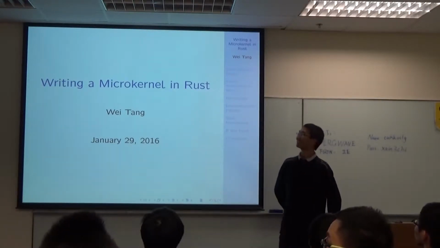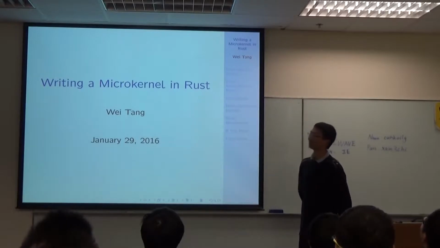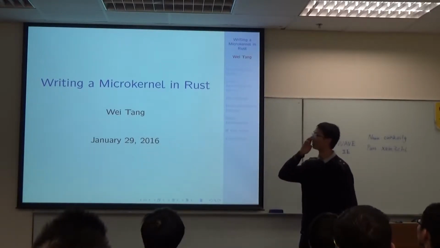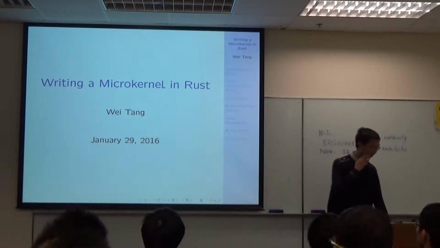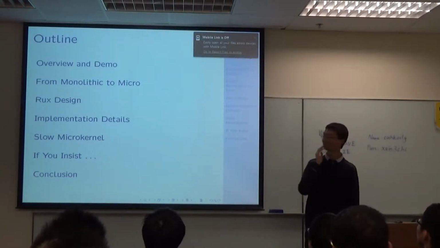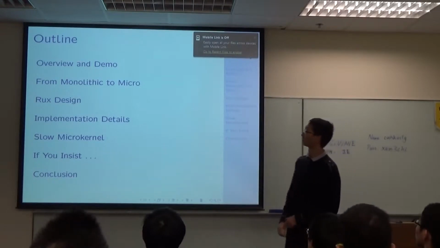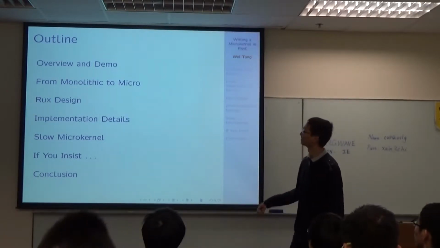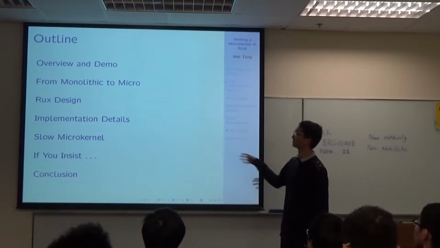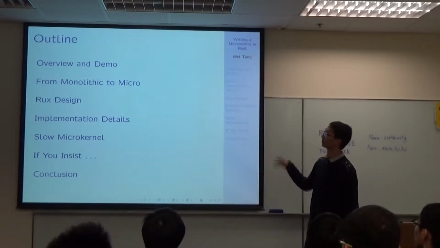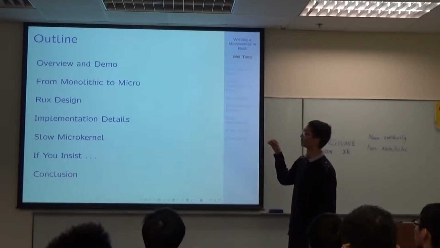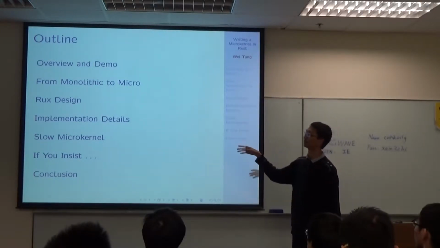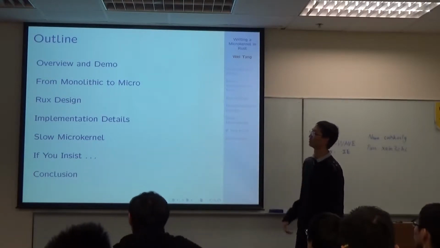So today I want to talk about my experience in writing a microkernel in Rust. I guess this is how I will schedule my talk. Just make sure you come into the right room. First I will give a brief introduction about monolithic kernel and microkernel, and then talk about this specific kernel.